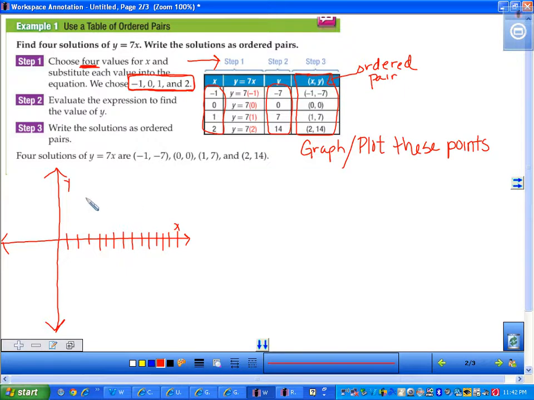Okay, and then on my y-axis, I need so many. And on the negative side, the maximum I need is -7.